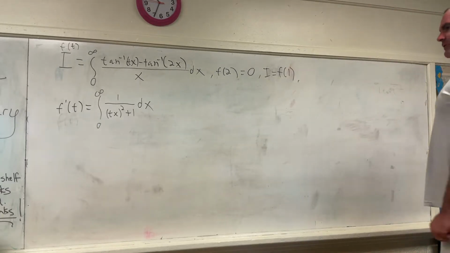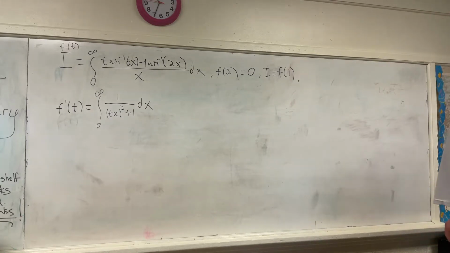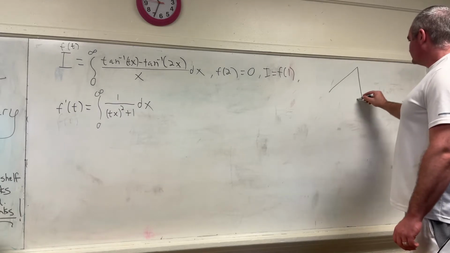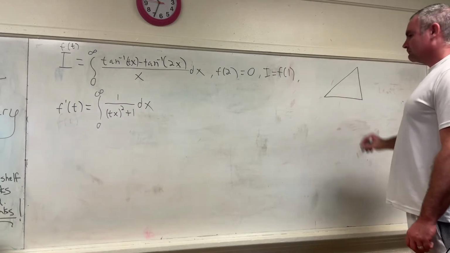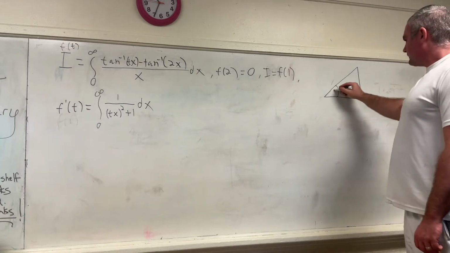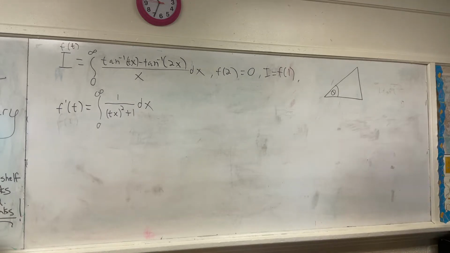So in order to do that, we're going to do trig sub. And usually when I'm doing trig sub I like to create a triangle. We'll have the angle be theta. That's the pretty standard practice when doing trig sub.